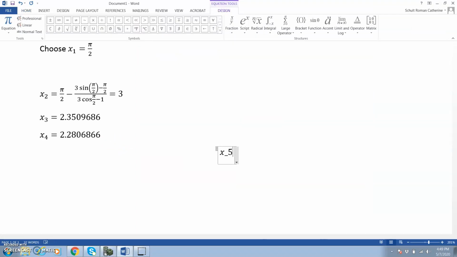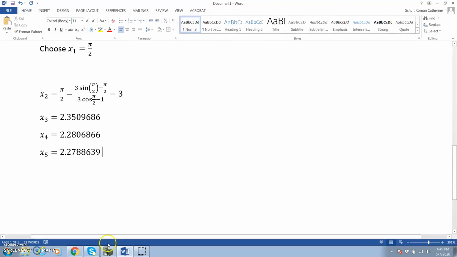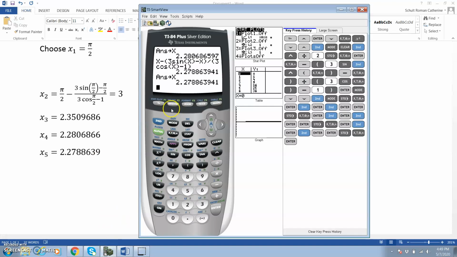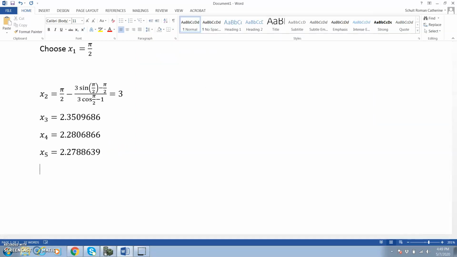Okay, and remember on the exam, I'm going to want to have all of these little values. 2788639. Okay, so we just stored x as x5. And now let's do second enter. Second enter. So we're plugging in x5. We're going to get x6. Okay, we're starting to get some stability. I'm going to store x6 as x. I'm going to write it down.